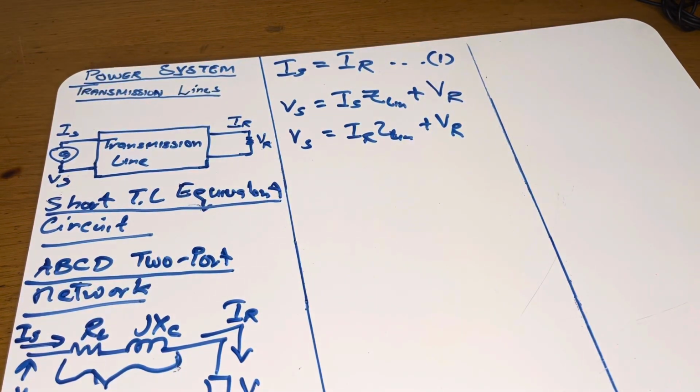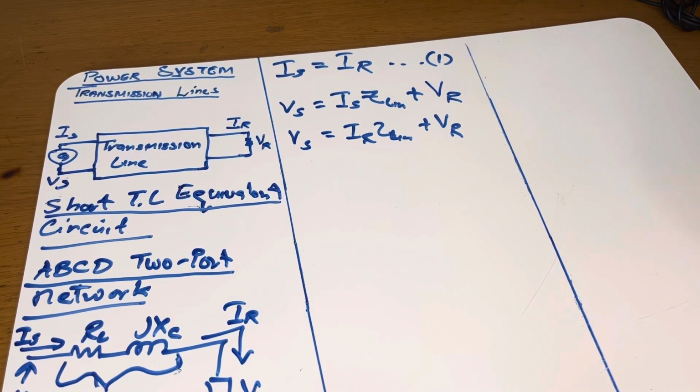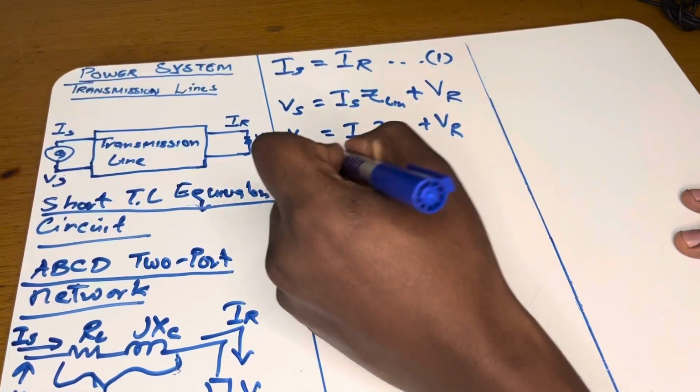Okay, so coming into the ABCD matrix form, how it's constructed, when you have to calculate ABCD, it's written in the following way.